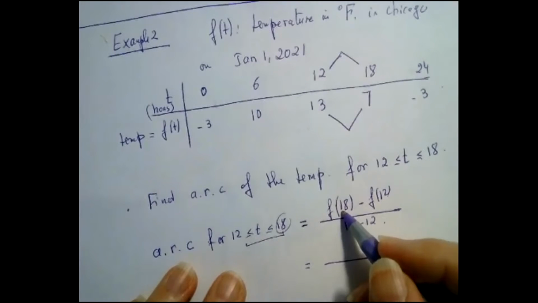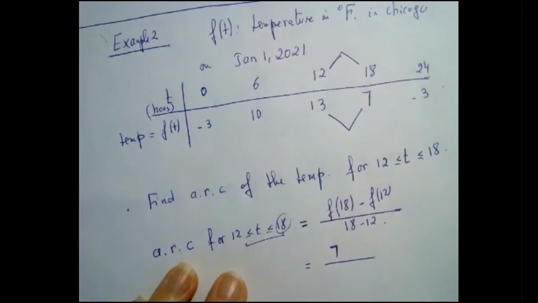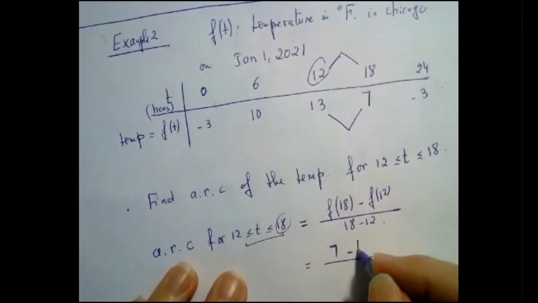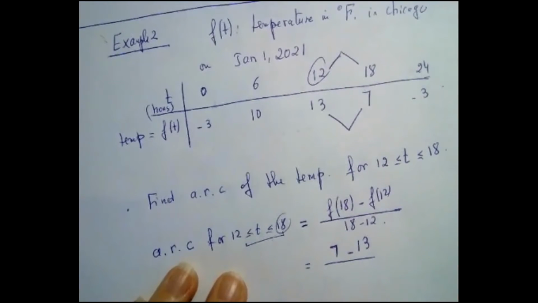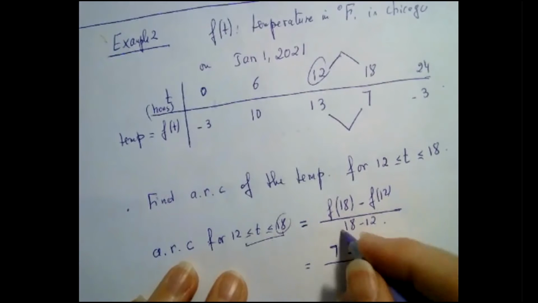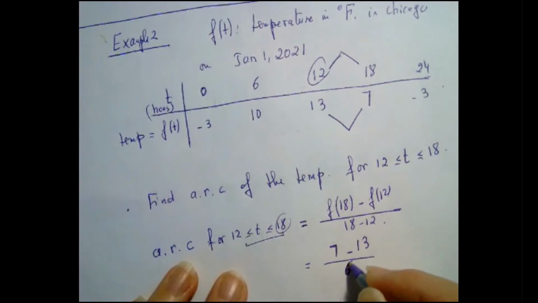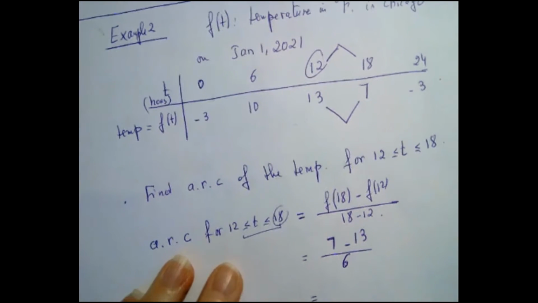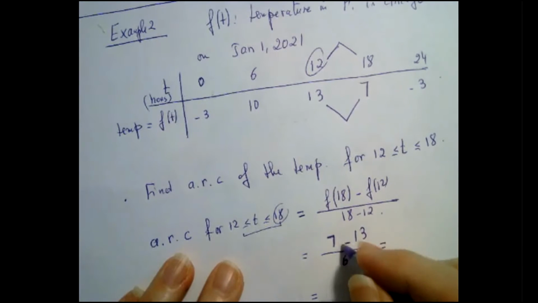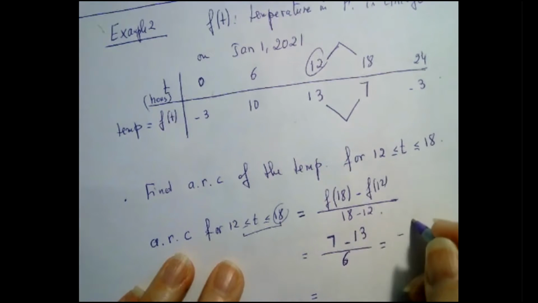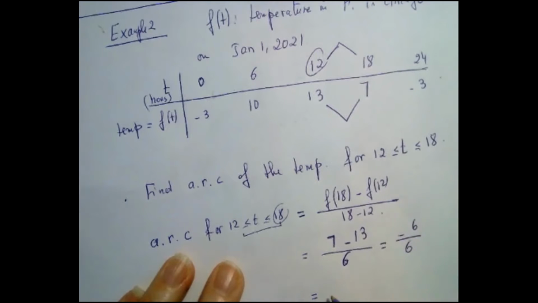At 6 o'clock, the temperature was 7. At noon, the temperature was 13. And the time passed is 6. So this is going to give me -6 divided by 6, which is -1. That's using the formula verbatim.